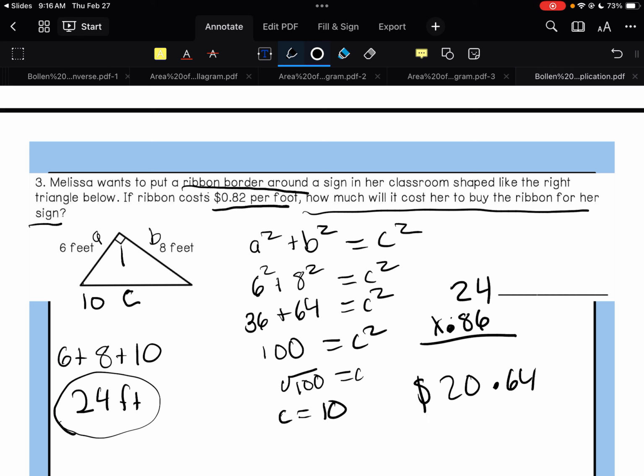So it's really just a matter of going back and double checking your work. And so that's how much it would cost if she did it all the way around.